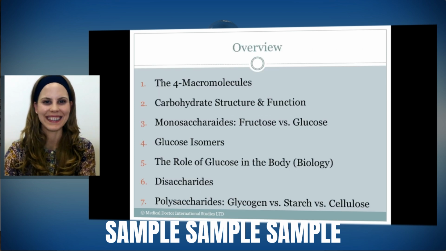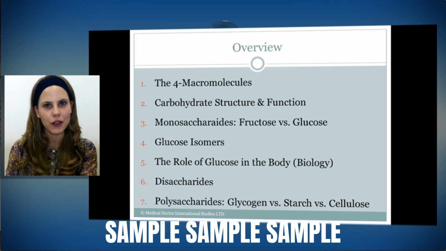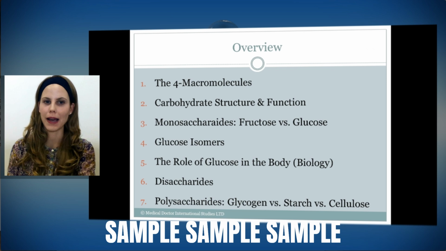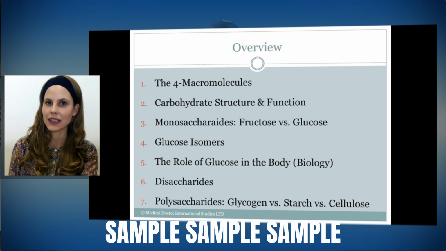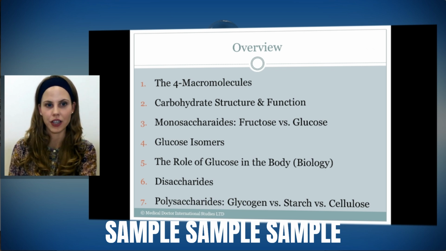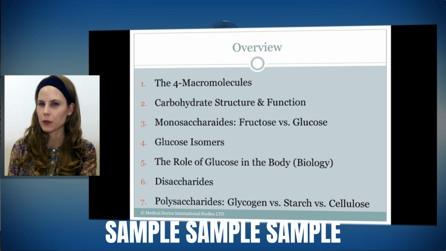So let's jump in. An overview of what we're going to be speaking about today. We're going to be talking about the 4 different macromolecules of the body. We're going to be discussing specifically today the macromolecule carbohydrate, its structure and function, monosaccharides, which are actually the building blocks of carbohydrates. We're going to specifically talk about fructose and glucose and the differences between them.